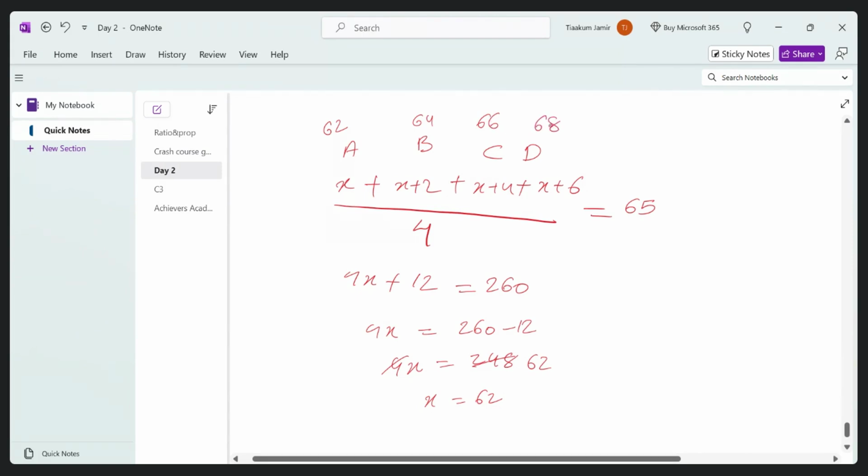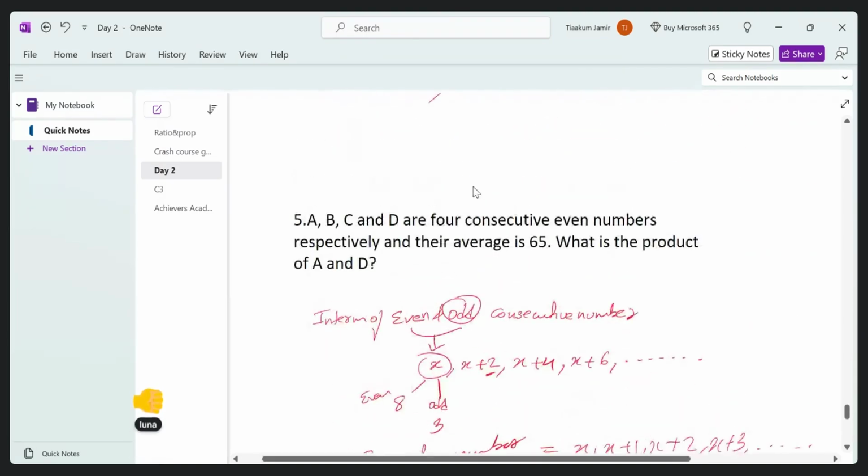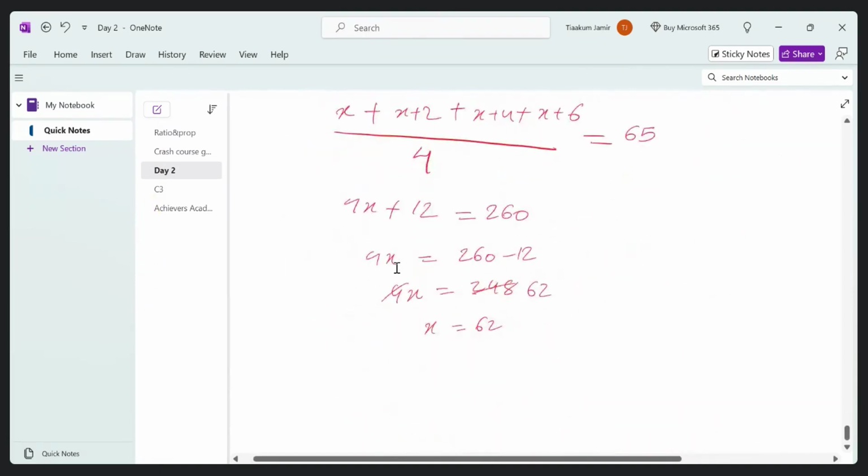68. Hold on, they are asking us to find the product of A and D. Therefore A into D, where A is 62 into 68.